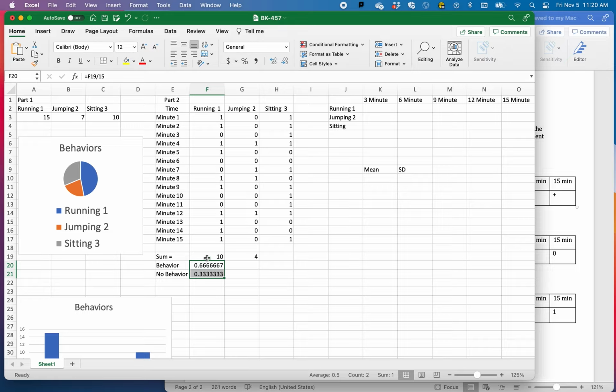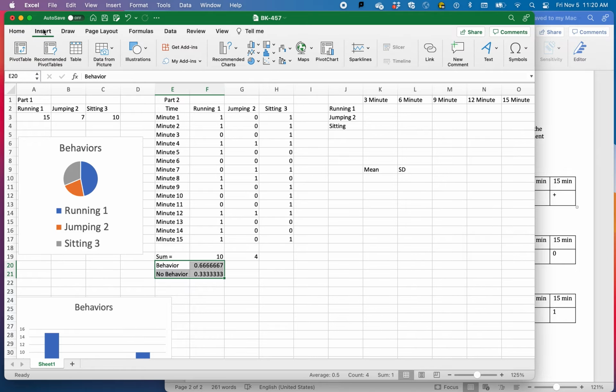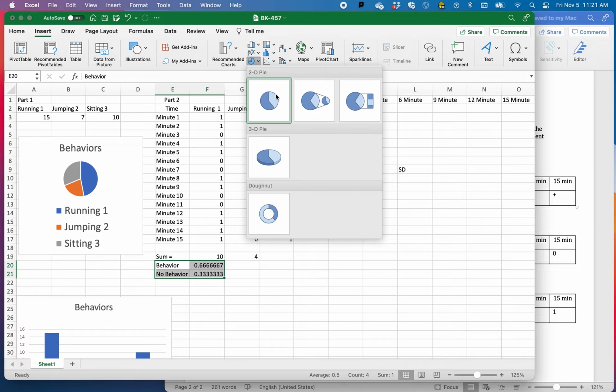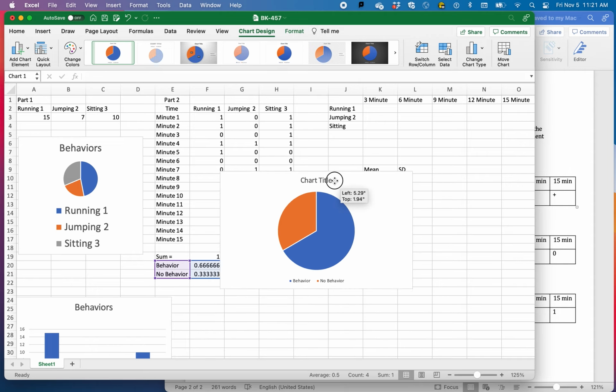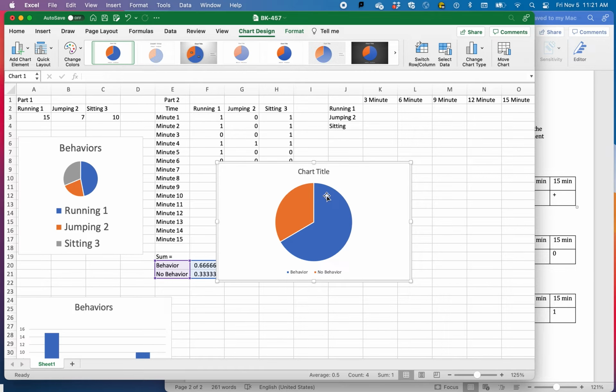So to do the pie chart, we will again highlight all the columns, go to insert, go to there, and then again just highlight this, and this will essentially give you the percentage of time that you did observe the behaviors.